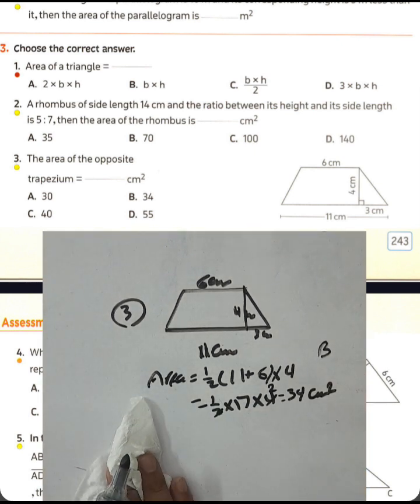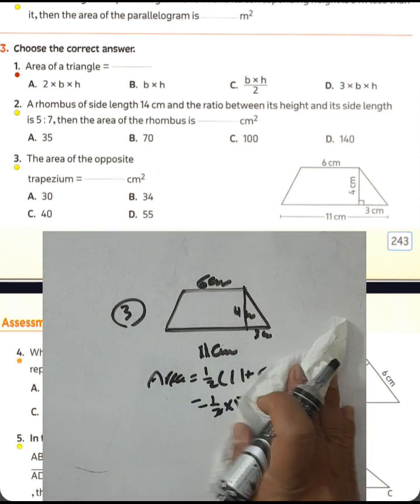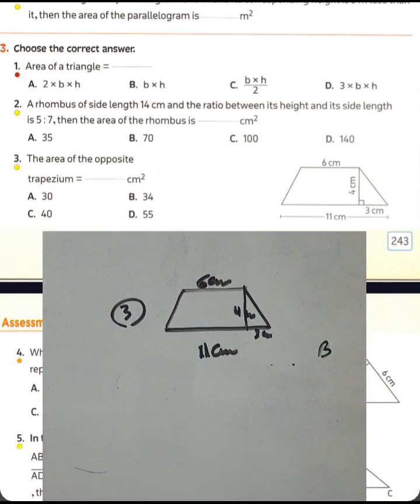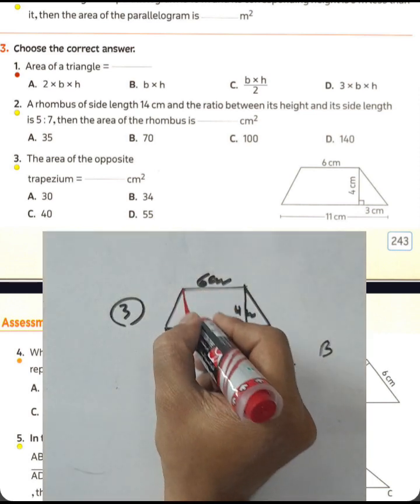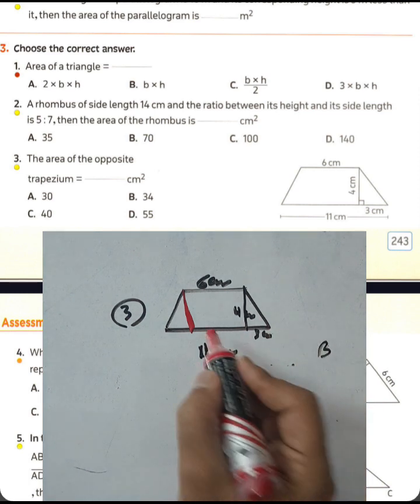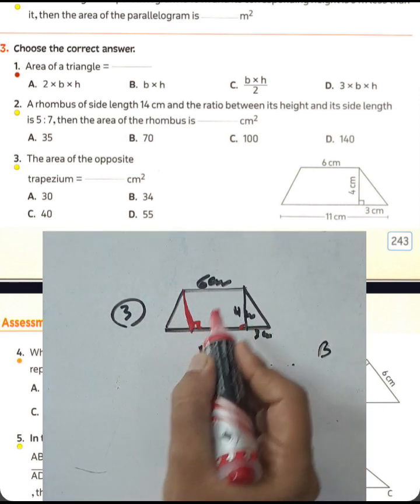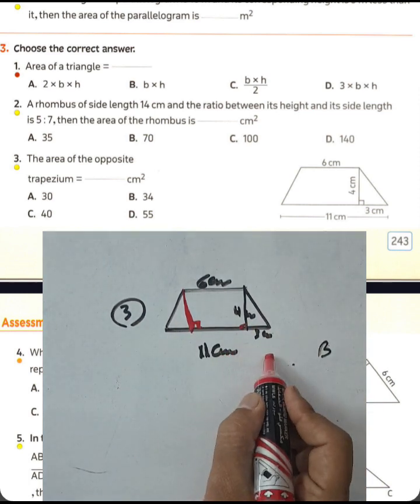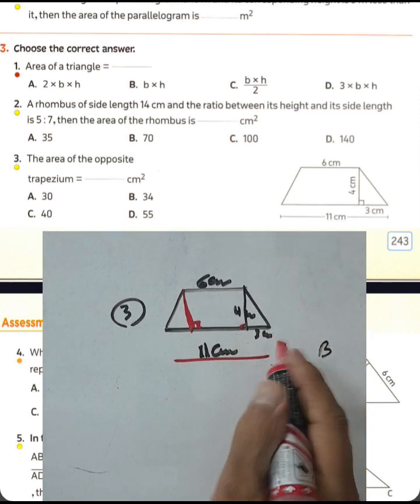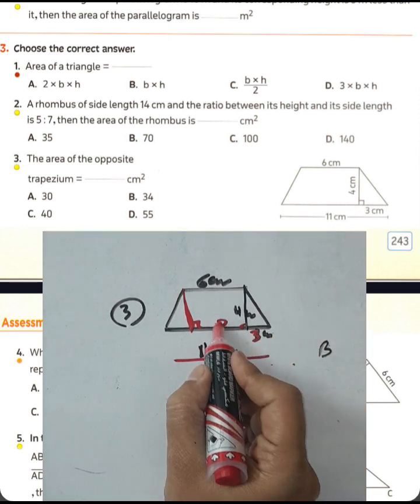Pay attention with me. Now I will solve the example by another method. Using another pen here, we divide this trapezium into 3 parts. Area 1, 6 and 11. 11 subtract 3 will be 8.